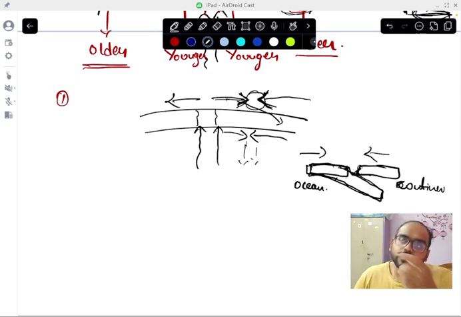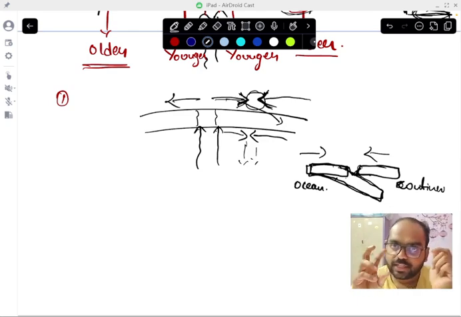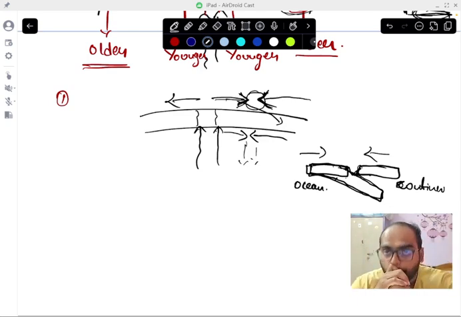Let's say the Pacific plate, the Pacific plate at the Philippines side, is converging with the Eurasian plate. Ocean plate, continental plate.